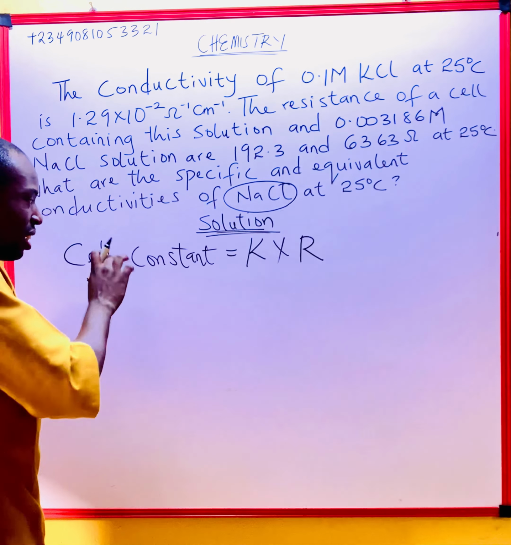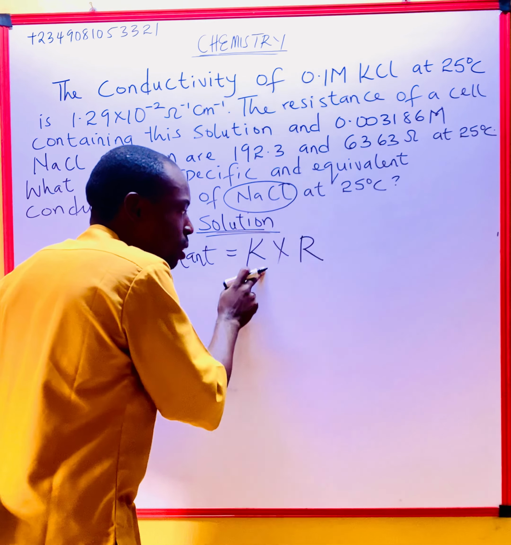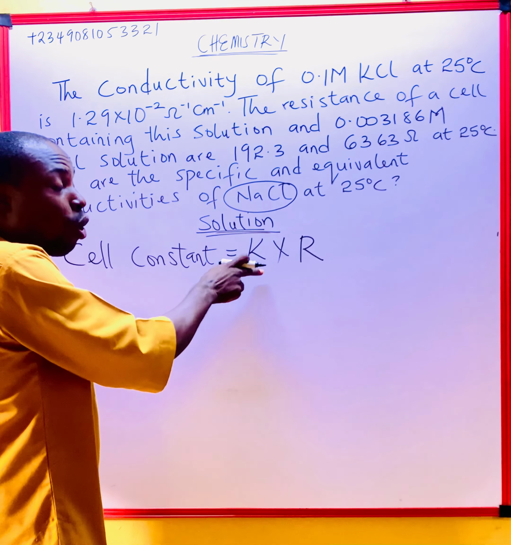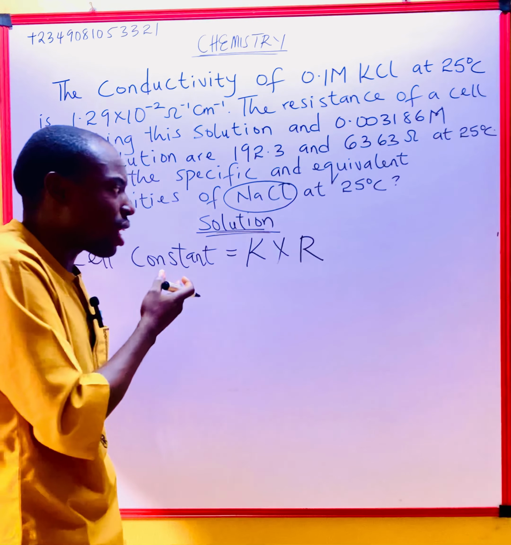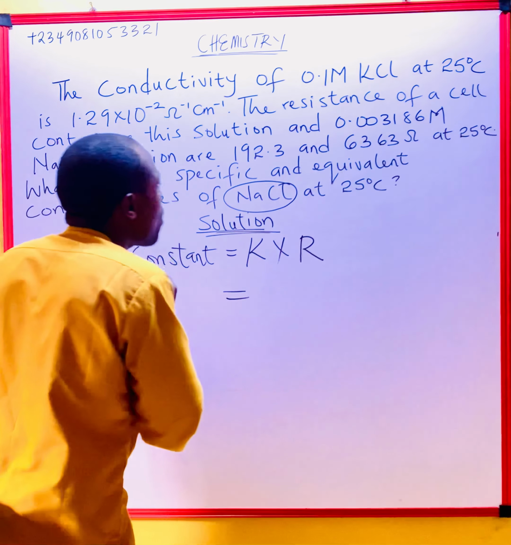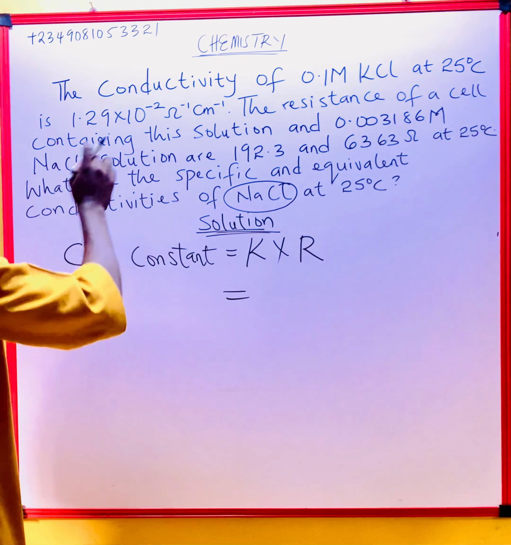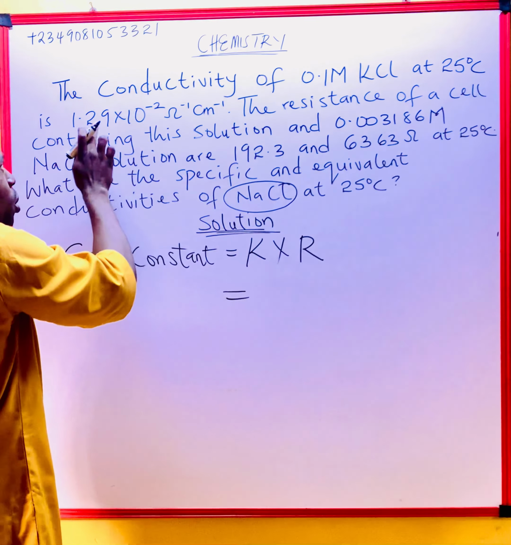Is that clear now? This is the formula for cell constant equal to conductivity, also called specific conductance, multiplied by resistance.